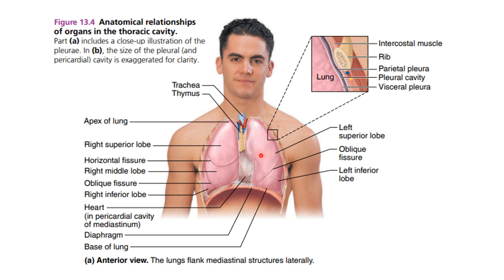You will see here that the right lung is made up of 3 lobes, a superior, middle, and inferior lobe. And this is your oblique fissure, and this is your horizontal fissure. So the presence of the horizontal fissure on the right lung produces 3 lobes, whereas because your left lung only has the oblique fissure, it only has the superior lobe and the inferior lobe.